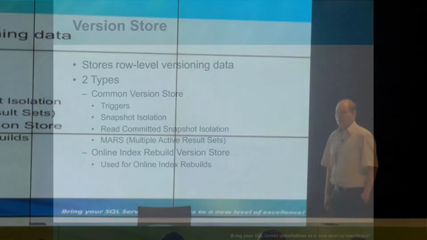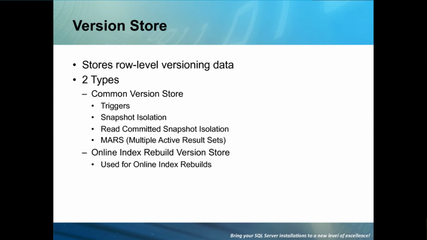Version store was introduced back with SQL Server 2005, optimistic concurrency. SQL Server provides us here two new isolation levels, read committed snapshot isolation and snapshot isolation, and both isolation levels are working with TempDb. So SQL Server uses here so-called row versioning technology to provide us consistent reads without acquiring shared locks.